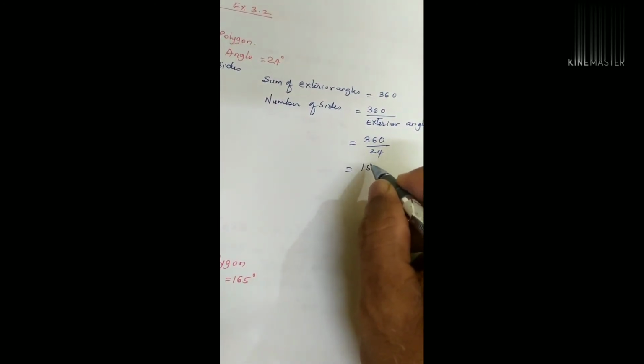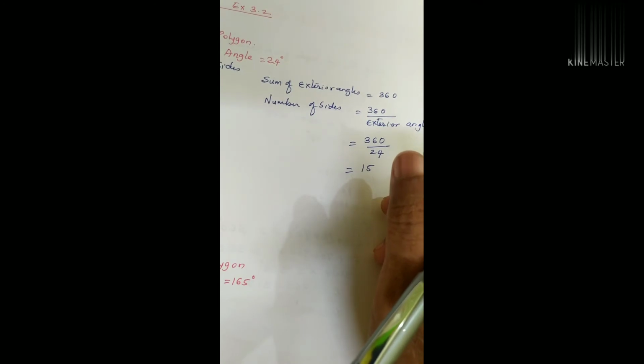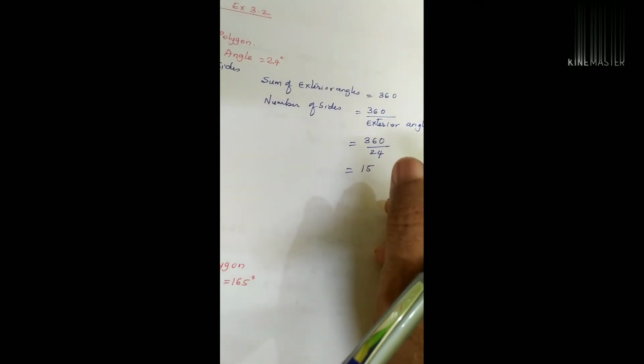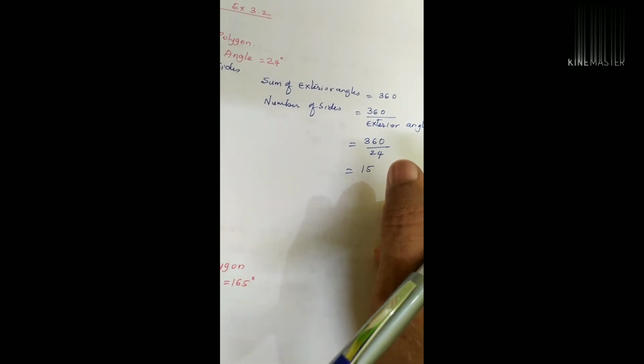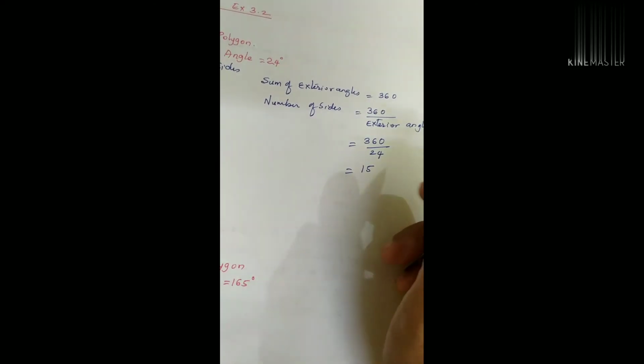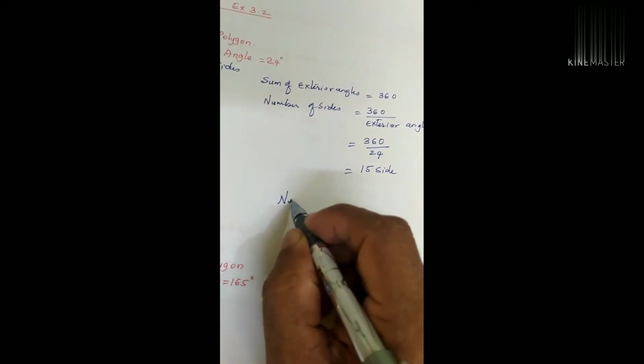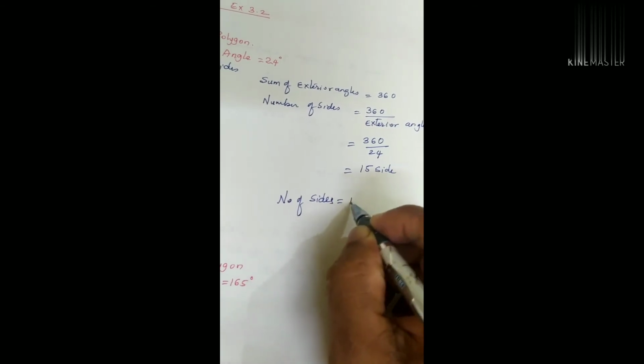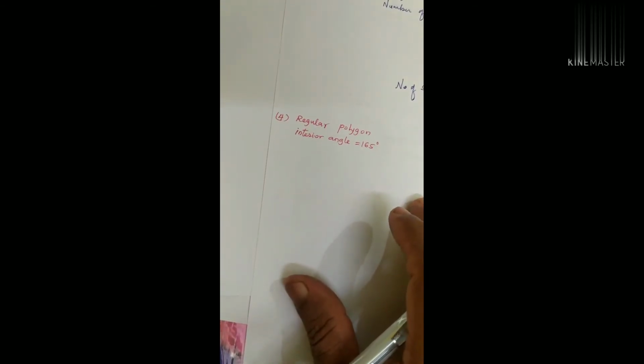See, it is 15. So the answer is 15 for us. There are 15 sides. Number of sides is 15.